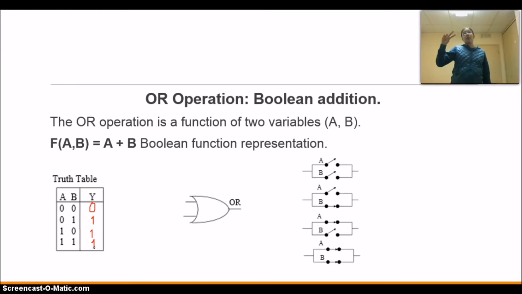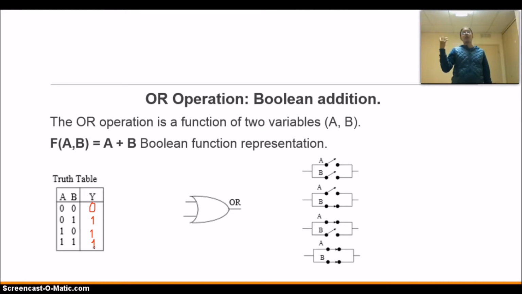When we have two low inputs, that means 0 in A and 0 in B, both switches are going to be open. If we have 0 in A and 1 in B, the switch B is going to be closed and the switch A is going to be open.